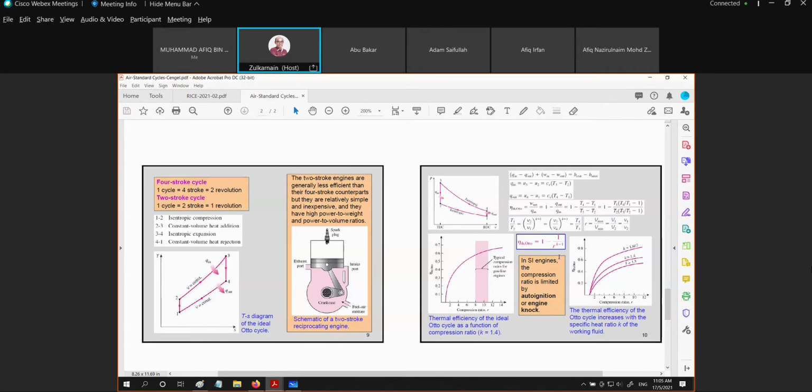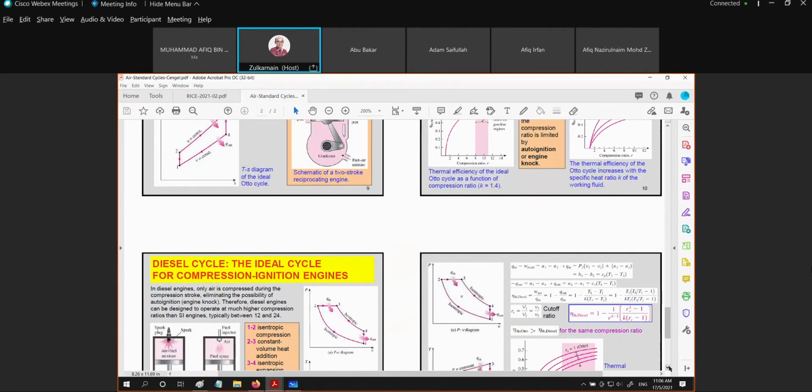That restricts the value of the compression ratio, because if the compression ratio is too high, we might have a phenomenon called engine knocking, which will damage our engine. So we must have a limit on the R value for the Otto cycle, which represents the spark ignition engine, also known as the petrol engine. An engine that has a spark plug is called a spark ignition engine.